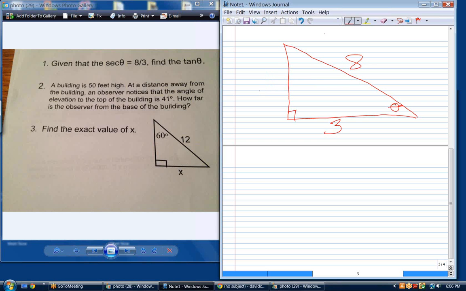It's going to be the square root of the hypotenuse squared minus the other side squared. So, Pythagorean theorem. Right. And anytime you're solving a right triangle using the Pythagorean theorem, one of the sides is always the square root of something.